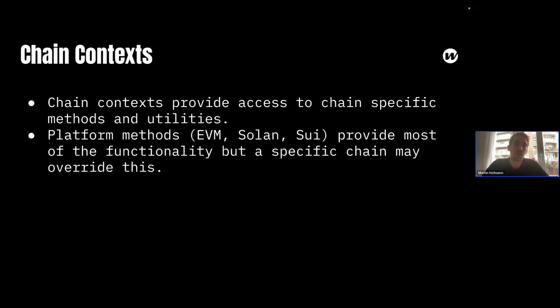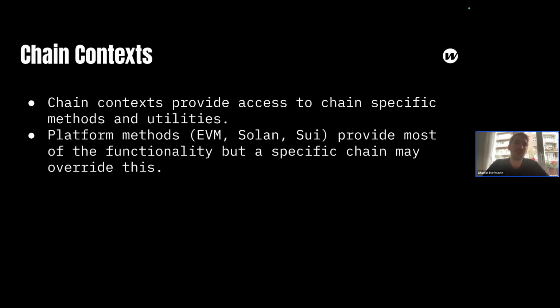And then Wormhole is going to bring for you all the information that you need to complete the transfer. So you call a specific method to get the chain context, and it's going to get you the chain ID. It's going to get you what RPCs we can use for that particular blockchain. It's going to get us all the smart contract addresses that we need for different types of transactions. It's going to get everything for us.